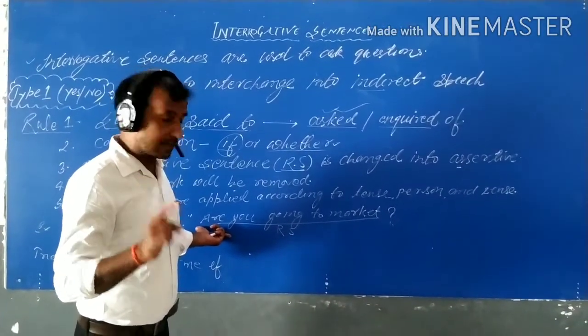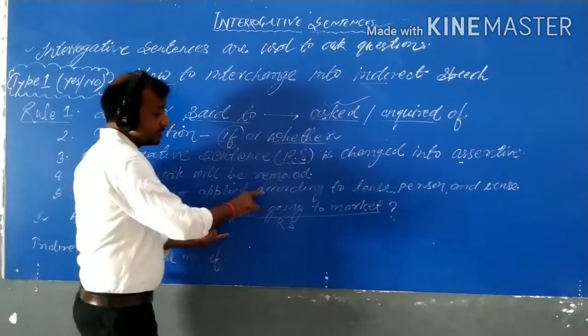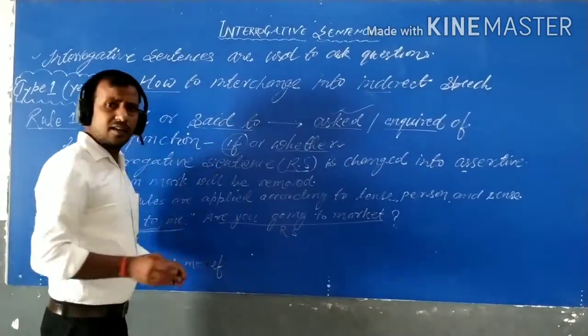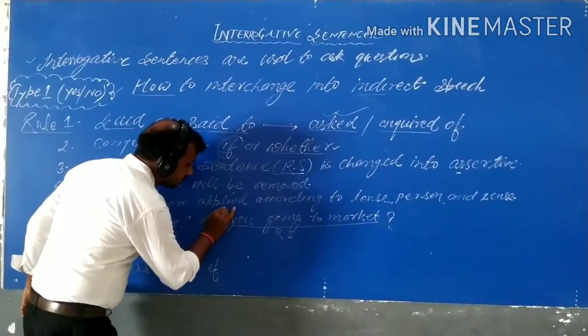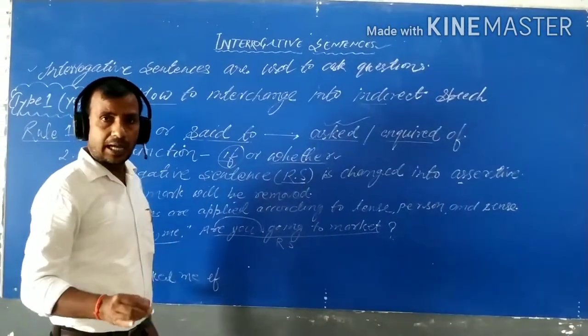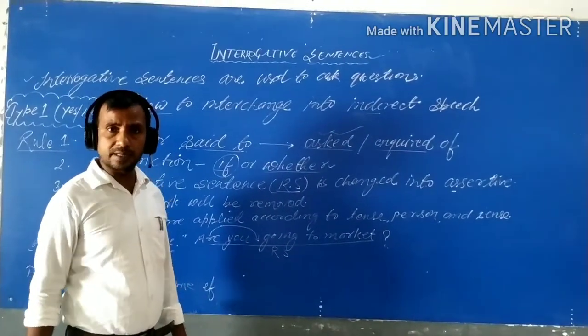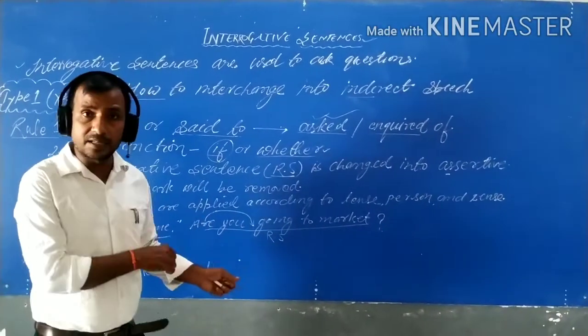This is the main thing, that you have to change this interrogative sentence into assertive. So here is a trick: just put the helping verb beside the subject, and it will change into an assertive sentence. Student, have you got what I have done here?